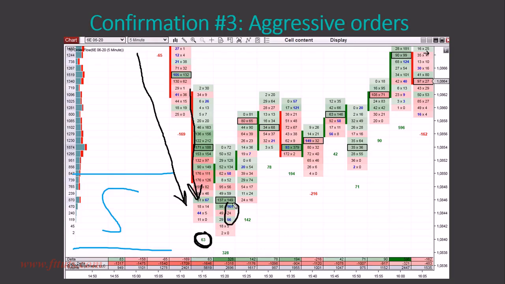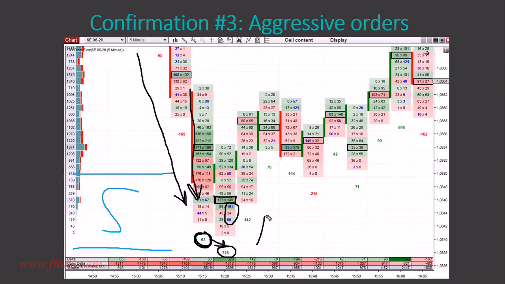Next important thing to notice. Buyers start to jump in, those imbalances, and also positive delta. Way more positive than it was before, actually. So positive delta, and also this is a nice confluence of two confirmations.